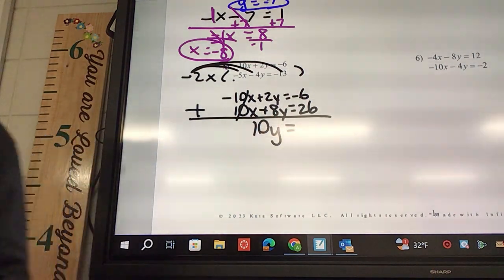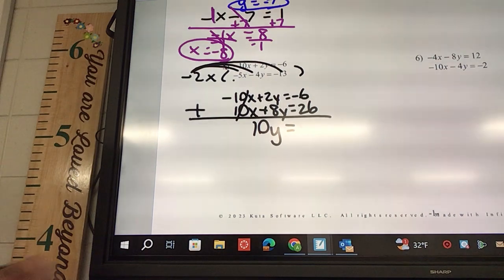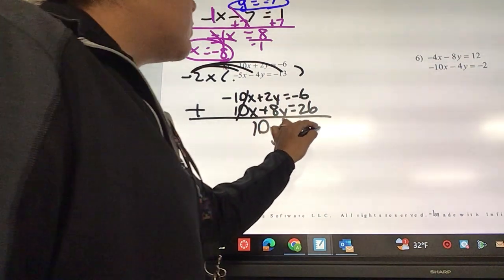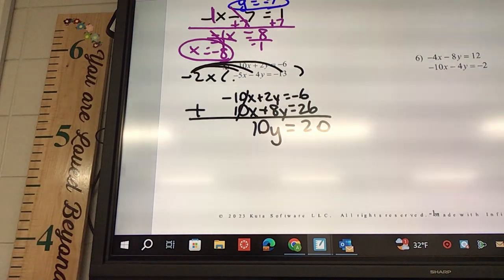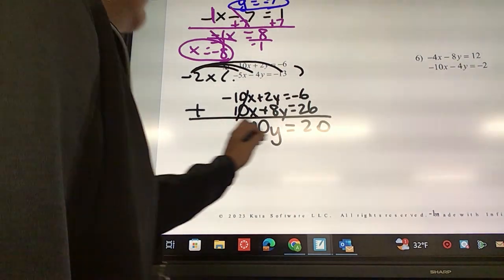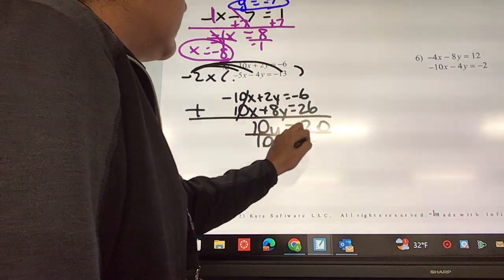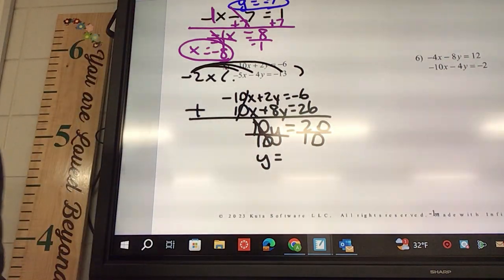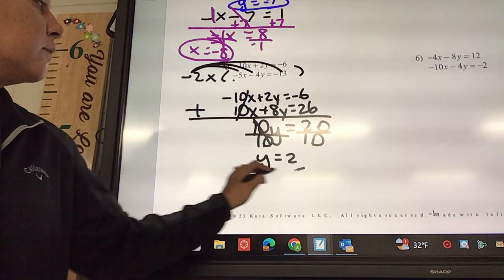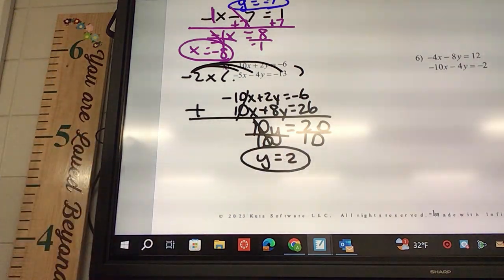Negative 6 plus 26 is going to be 20. Then what needs done? Divide. Okay, well, what is 20 divided by 10? 2. Okay, so we got our y.